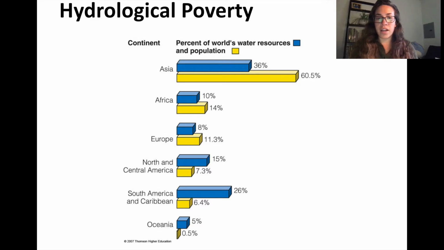In areas of Europe and Africa, we have a higher population than we have access to water resources. Asia probably is the most clear example of this, and that's not surprising when you think of the Middle East. And in North America, we have plenty of water access, in South America as well. But the usage in those areas might be quite high.